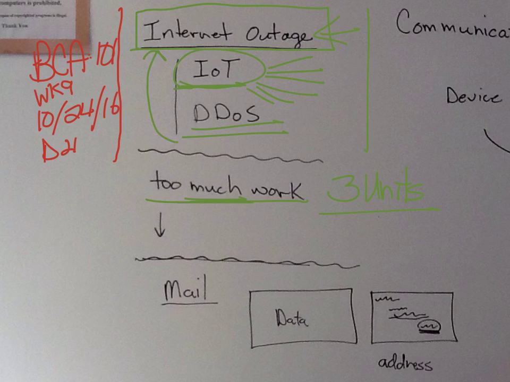So then we start talking about how devices communicate. You know, how does a device here, let's say your phone, eventually communicate to a website? How does that happen? How does this get to there and the information gets back to here? So we use the mail, snail mail, like mailing a letter. You put a letter together, that's like data.